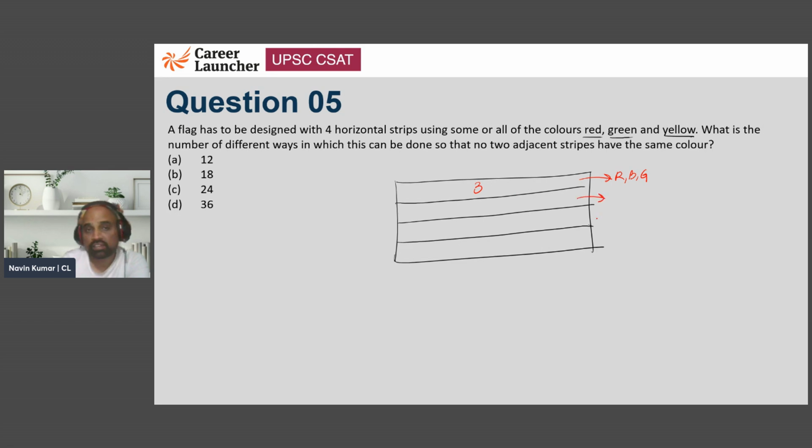Now the next one, if I have taken a red, I can't take red again. So I'll have to take blue or green in the next one. Or if blue was taken as the topmost stripe, I can't take it in the next stripe. So it's going to be red or green. So there are going to be 2 ways. And whichever color I have taken here, suppose I had taken red here, and from blue and green I have taken green here.